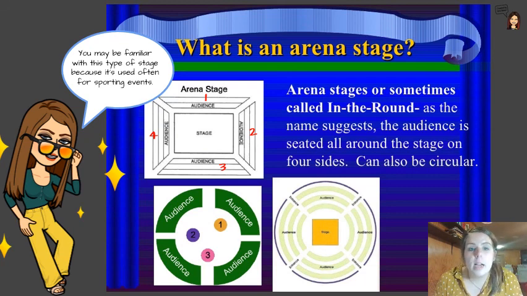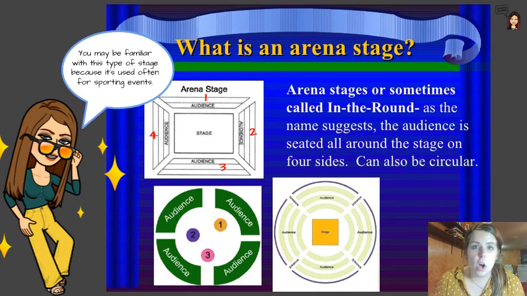The majority of the time it's square. But keep in mind that in an arena stage, no matter what the shape is, whether it's circular or square, there are audience members on all four sides. So the audience is seated all around the stage on all four sides.